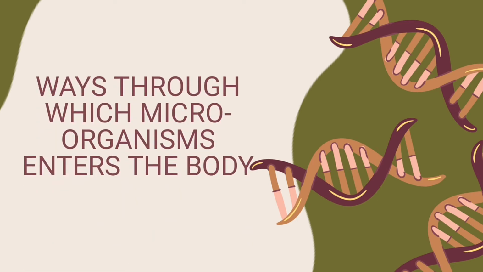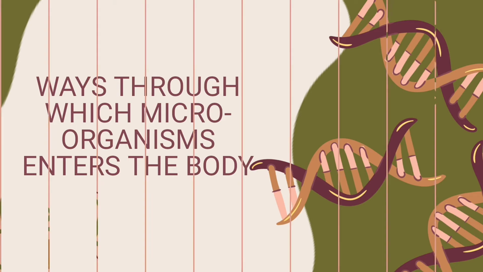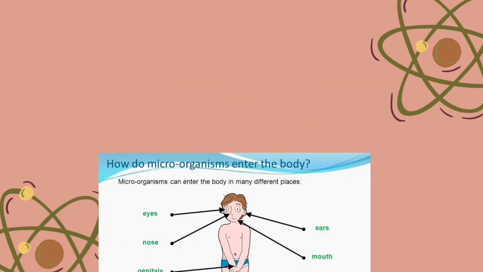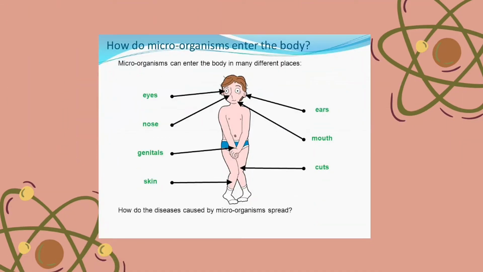Then we talk about ways through which microorganisms enter the body. What are the various ways by which microorganisms can enter into our body? Remember, it was said that microorganisms are found everywhere. So what are the ways through which they can enter into the body?